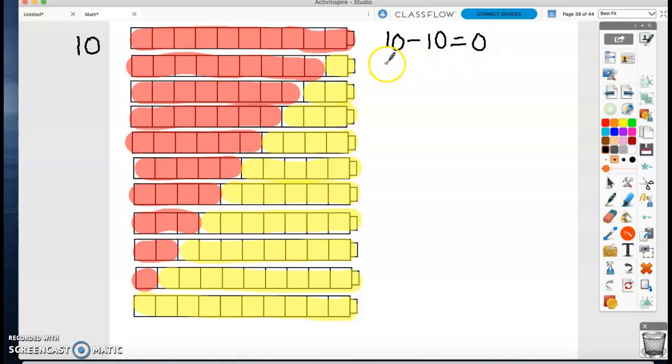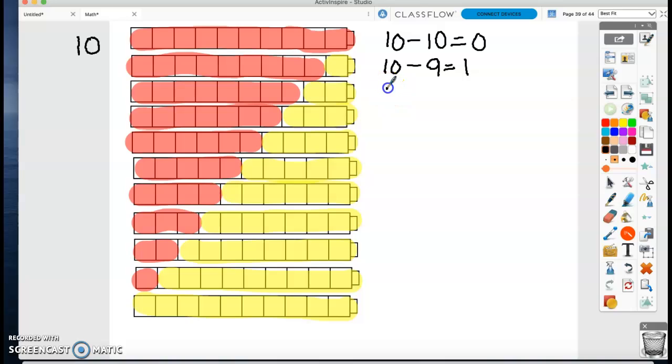Awesome job. So, on this one, how many did we start with? 10. Minus, how many red? 9 equals how many yellow? 1. Awesome.